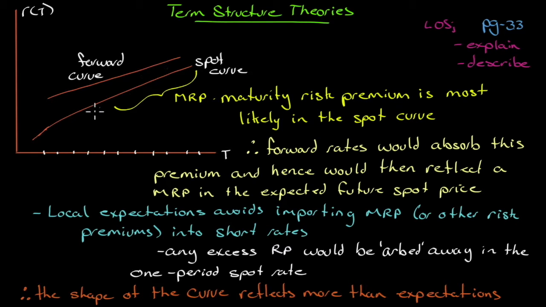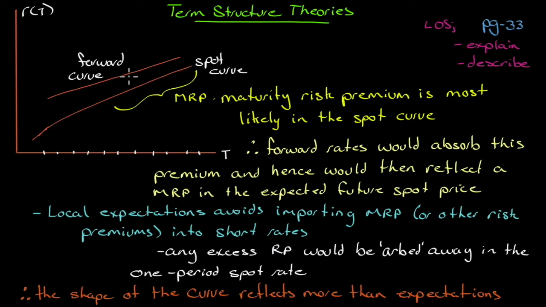If the forward curve is derived off of the spot curve, and the spot curve is reflecting more risk than just the risk-free rate, if it's representing risk in terms of maturity risk premium, that premium will be imported into the forward curve. If it's imported into the forward curve, how can you say that an expected future short-term spot rate should have a maturity risk premium?